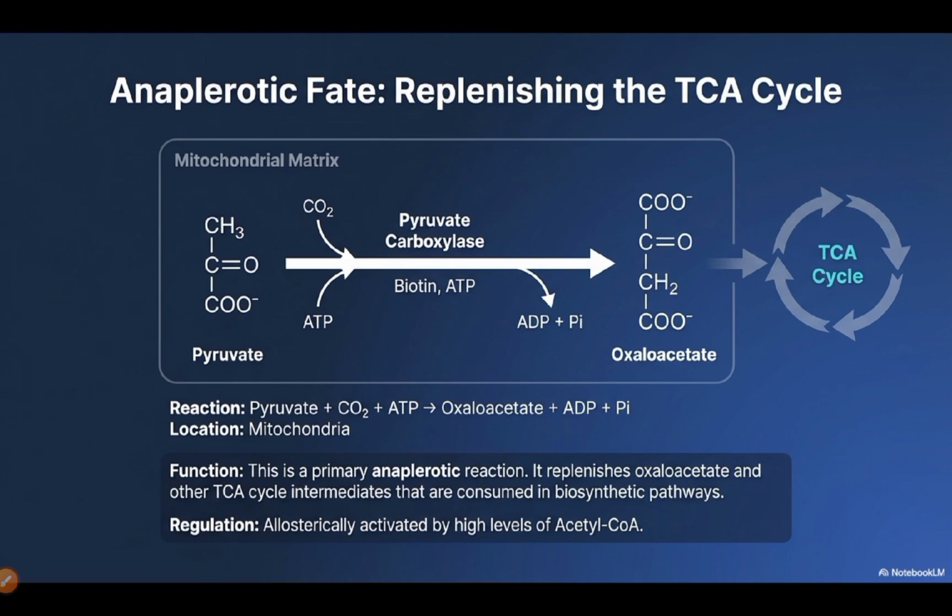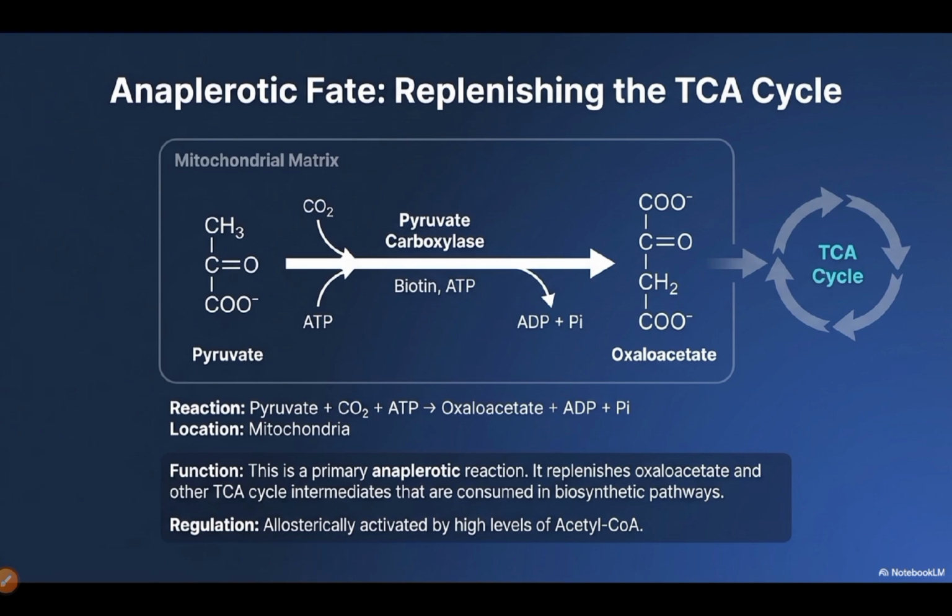Replenishing the tricarboxylic acid cycle or the Krebs cycle. What happens? When your body needs oxaloacetate, which is an intermediate in the tricarboxylic acid cycle, your body will start converting pyruvate to oxaloacetate by an enzyme known as pyruvate carboxylase.